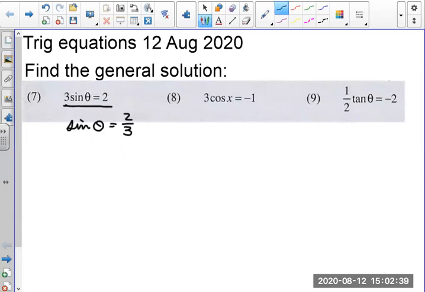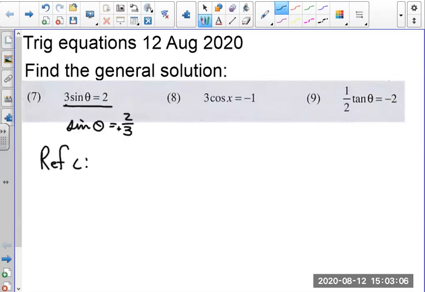The one method is where you're first calculating the reference angle. That's the method that I don't like much because it's a lot of work and there's many places to make mistakes. But I'm going to show it to you and then I'm going to show you my method. For the reference angle, you must just use the positive value there.